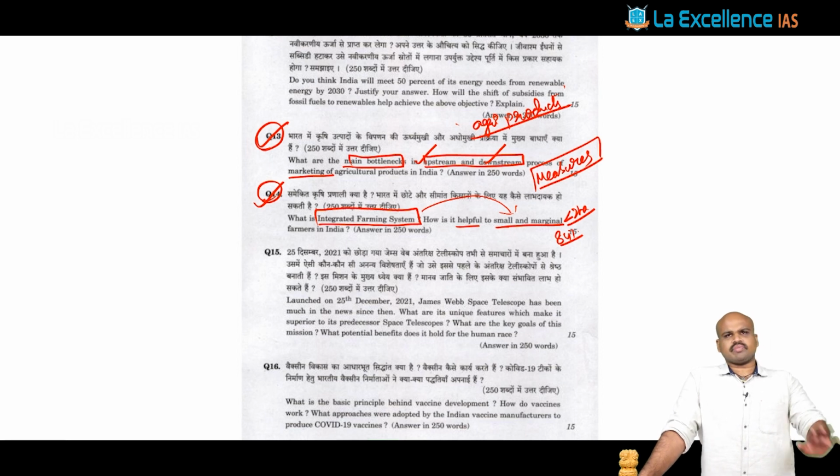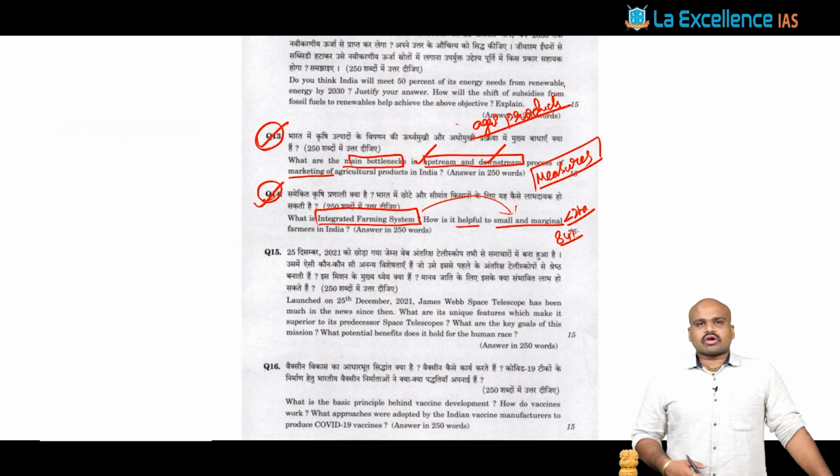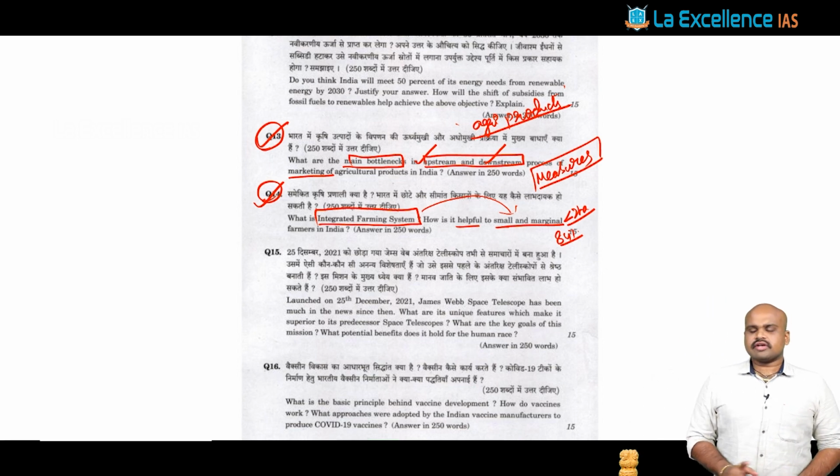One major issue in agriculture is the fragmentation of agricultural land, which fundamentally shows that the systems are broken. The basic availability of land itself is very, very less. So in that consideration, we have to talk about the advantage of the integrated farming system.